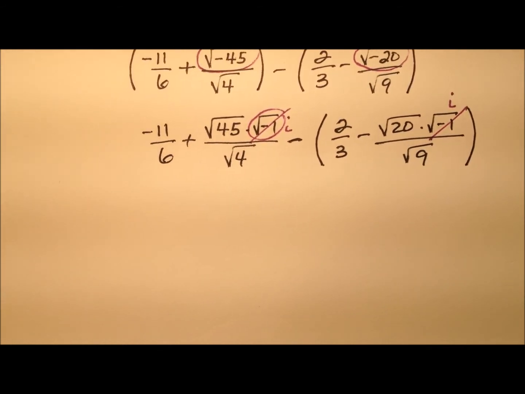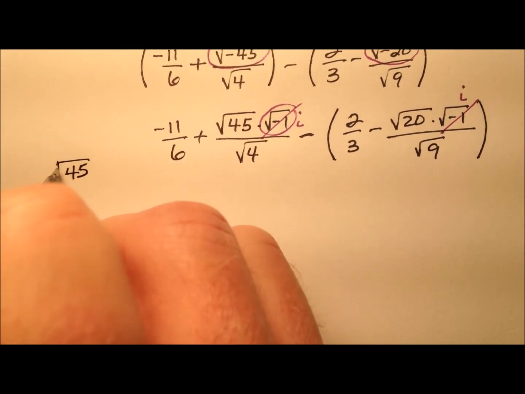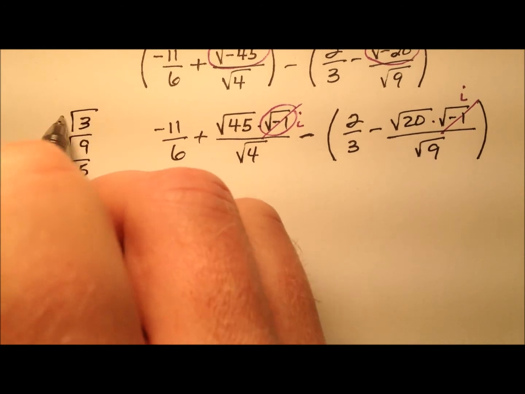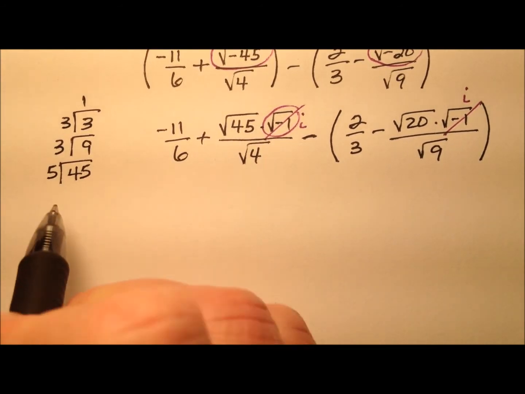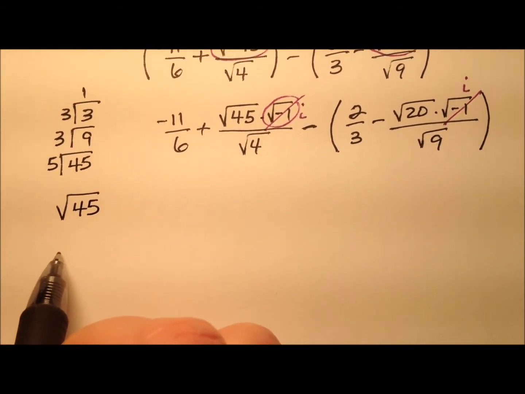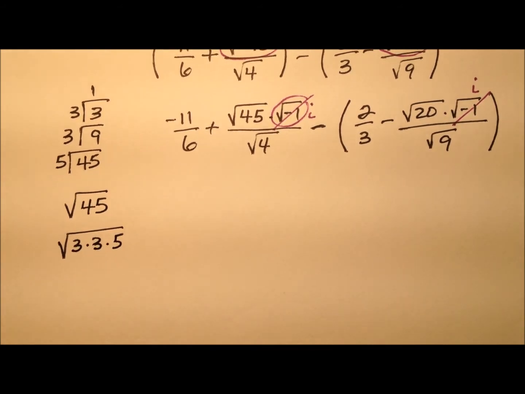So the square root of 45, we can simplify that by finding the prime factorization of 45 first. It looks like the square root of 45 will be the square root of 3 times 3 times 5.